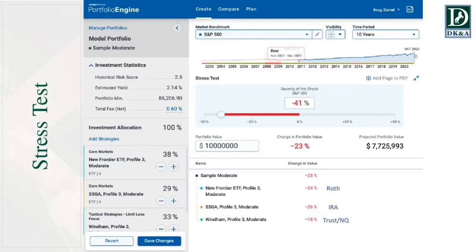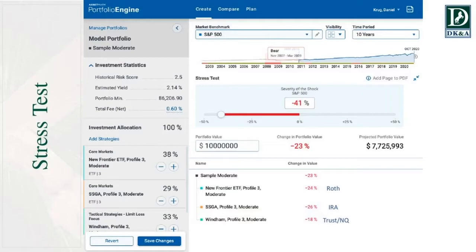Looking at this slide, right in the center is a stress test. In this stress test, we can slide the bar from a negative position all the way to a positive position. In this case, what we're showing is what would happen if the S&P 500 had a 41% correction.